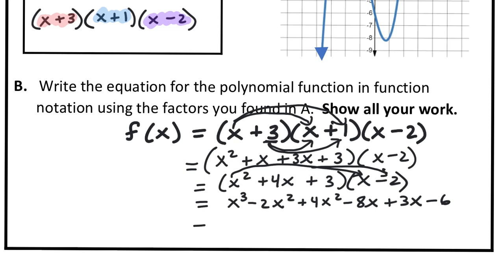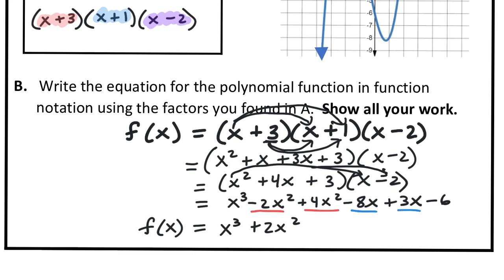And then the last thing, I'm going to bring down the f of x, because that's going to be my final answer. Combine like terms. So there's only one x to the third power. Negative 2 plus 4 is positive 2x squared. Negative 8x plus 3x. Right, because these two are like terms, and these two are like terms.